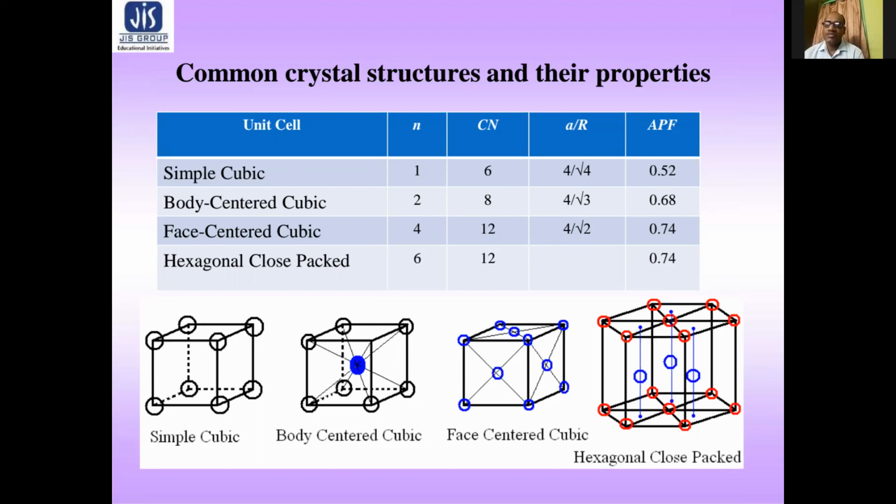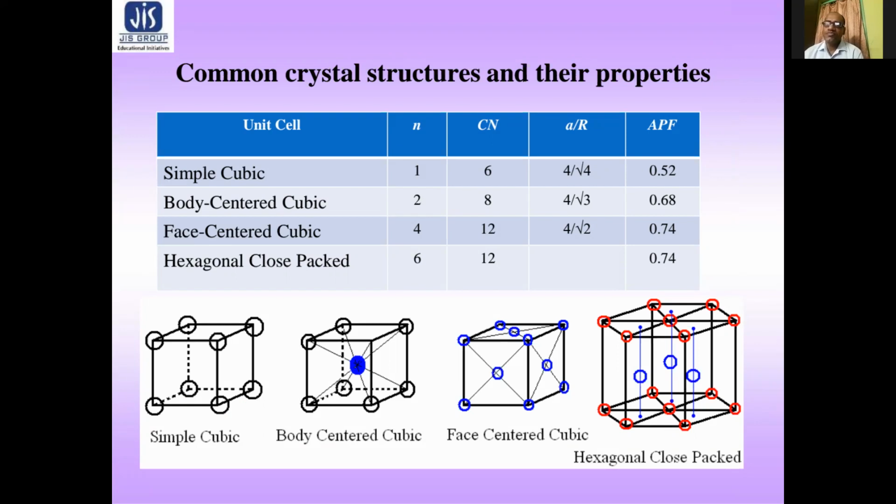The lattice parameter is the axis A, and the relation between A and R, the radius, is A equals 2R. If we calculate the APF, the atomic packing factor, we find it is 0.52.